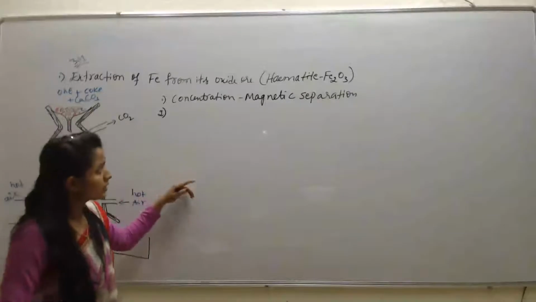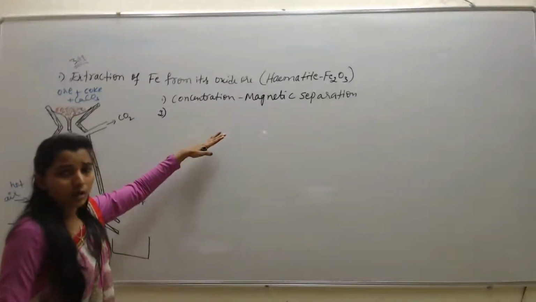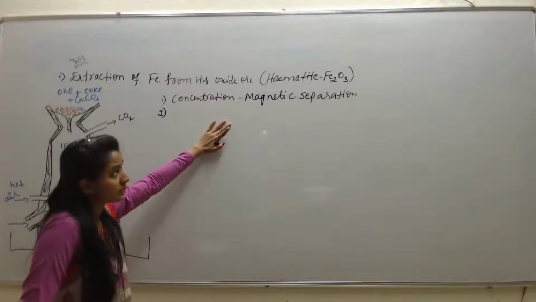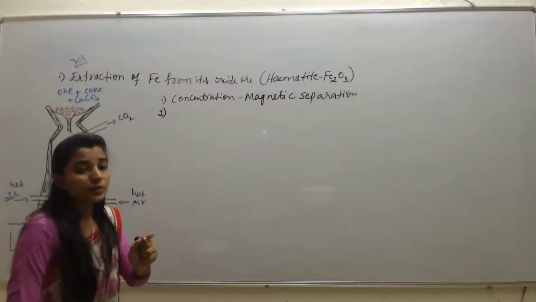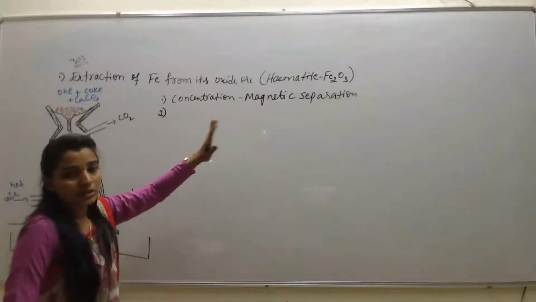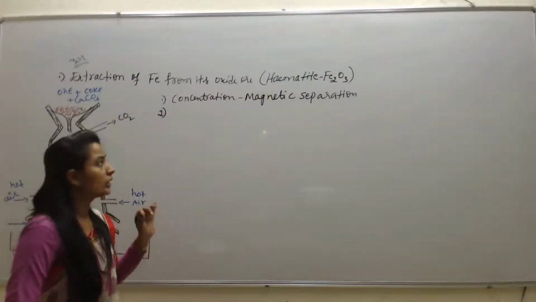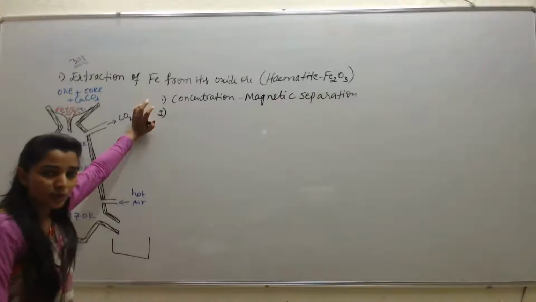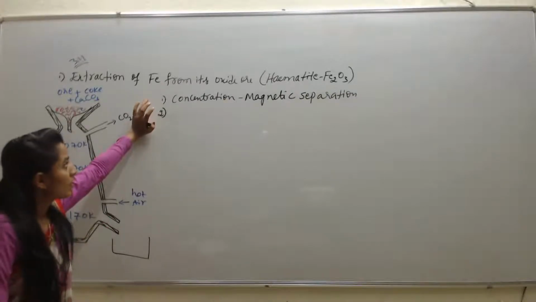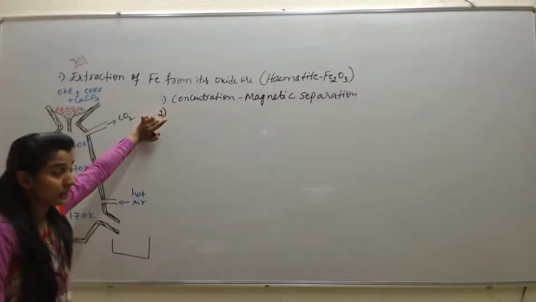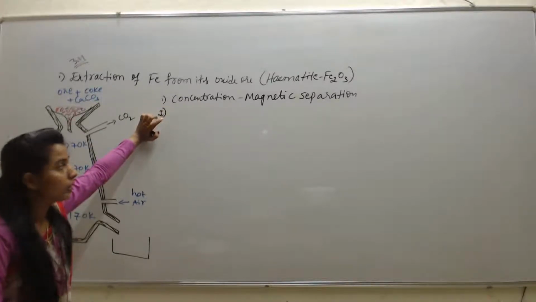Due to that reason, we can conduct hydraulic washing as well as magnetic separation, but the most preferable is magnetic separation because iron is strongly attracted by the magnetic field. Both are important. You may concentrate the ore using hydraulic washing as well as magnetic separation, but this one is most preferable.